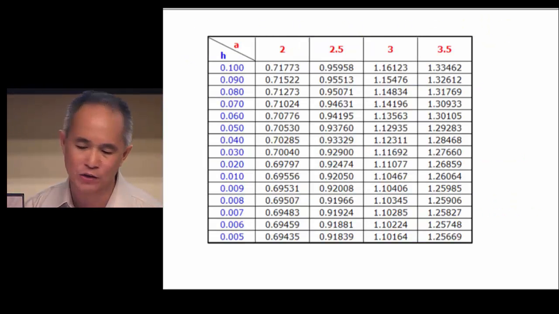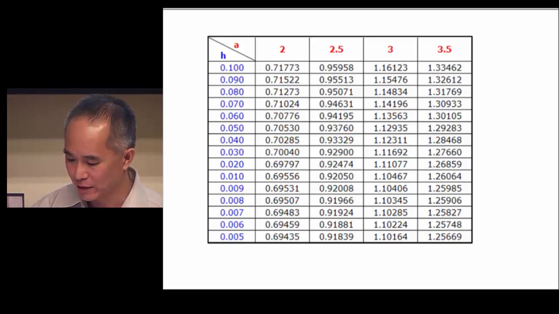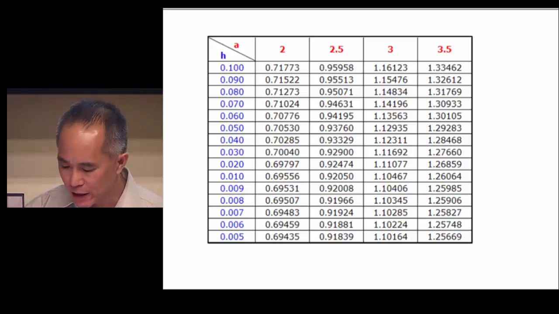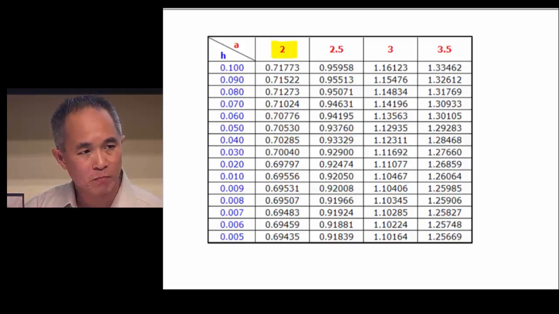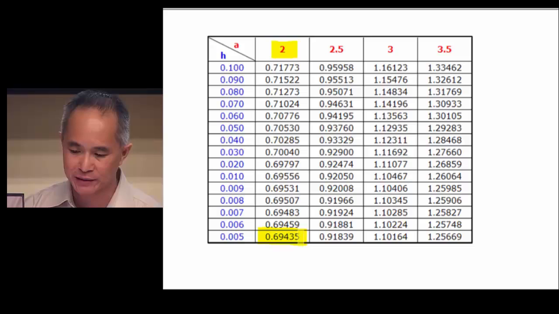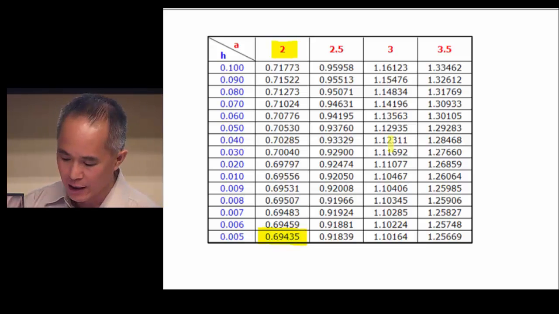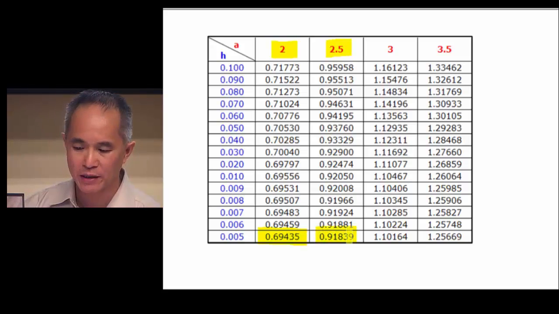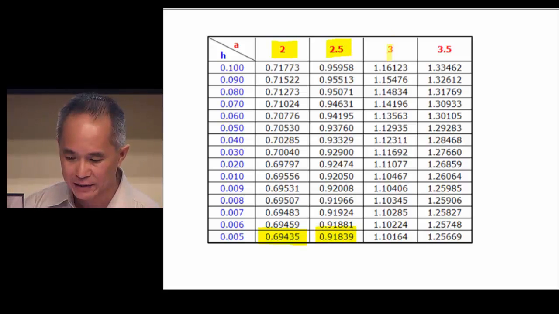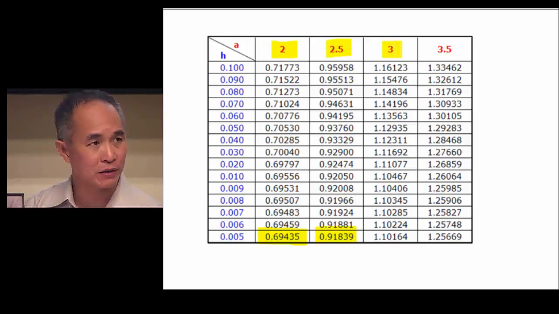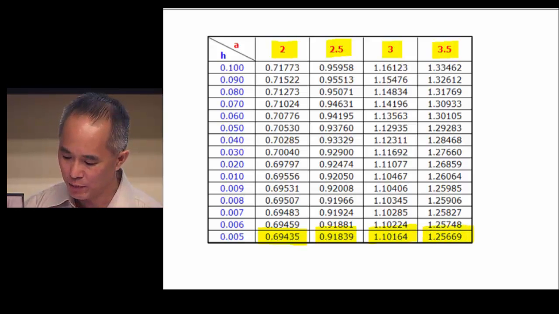I can try both left hand and right hand, it doesn't matter. It turns out the limit tends towards a certain number, 0.693 in this case. If I take a to be 2.5, the limit turns out to be another number, 0.9 something. If I take a to be 3, it's 1 point something, and for 3.5, 1.252, and so on.